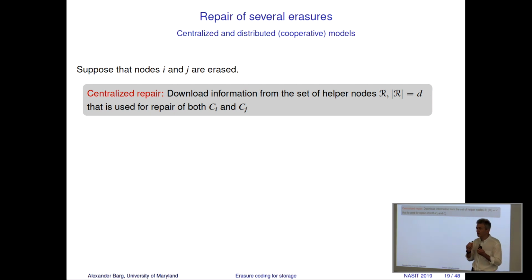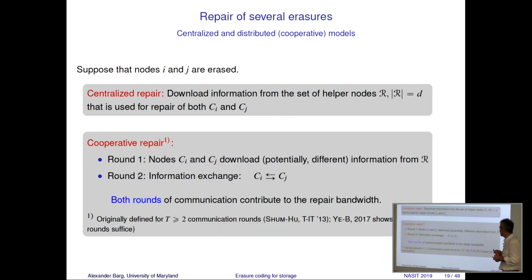Or it is possible to do distributed repair. Namely, we repair the first coordinate at its location, we repair the second coordinate at its location, and maybe the repair group's centers exchange some information, which counts toward the repair bandwidth. So that is called cooperative repair. So now for two erasures, we have several versions: the centralized repair or the cooperative repair.